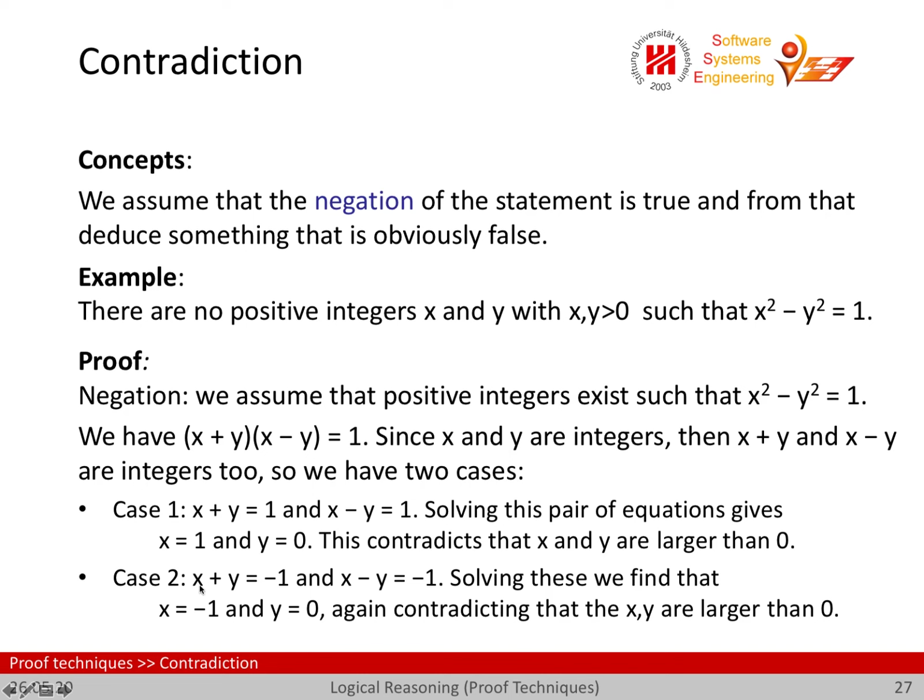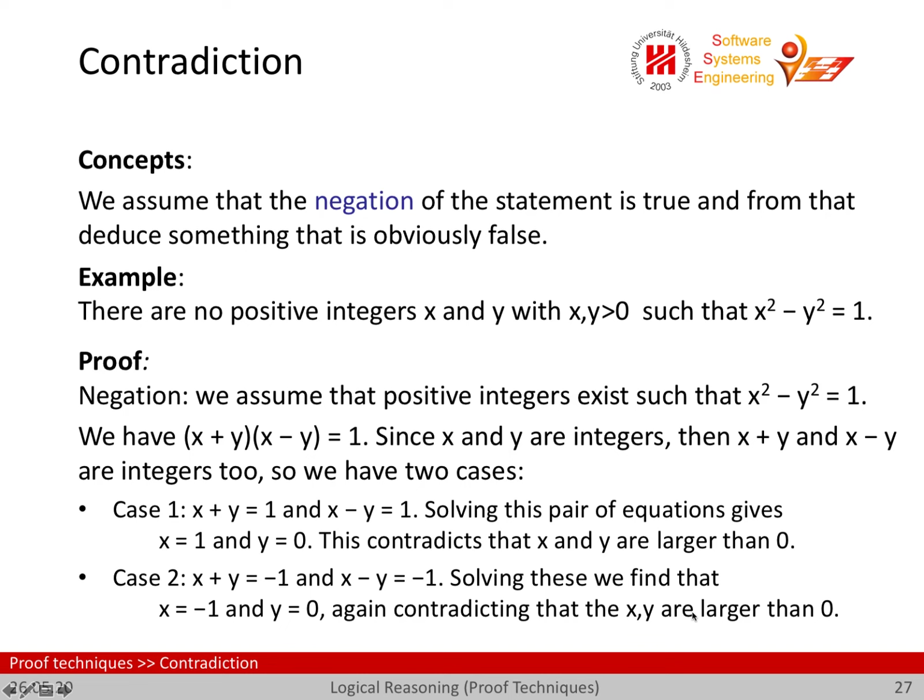On the other hand, case 2: x plus y equals minus 1, and x minus y also equals minus 1. This is the second case. If we multiply minus 1 times minus 1, we actually get 1. Solving these again, we find that x equals minus 1 and y equals 0, again contradicting that x and y are larger than 0.